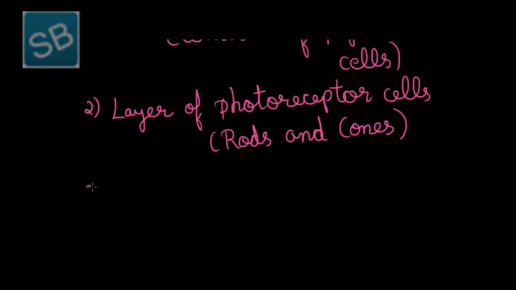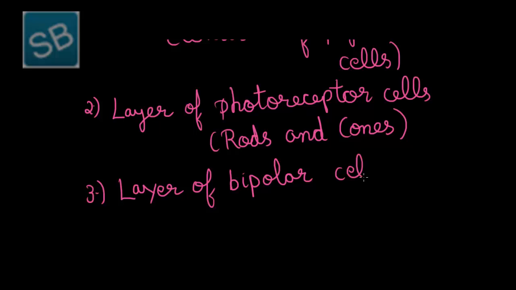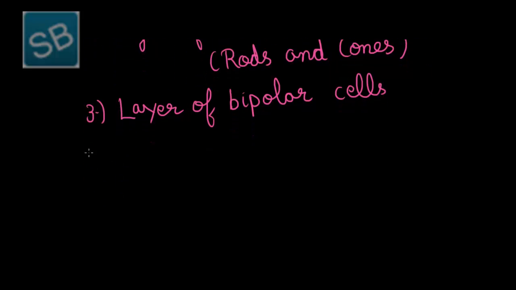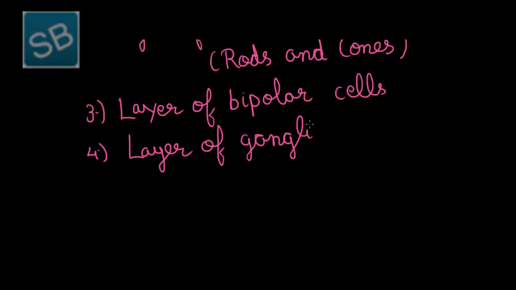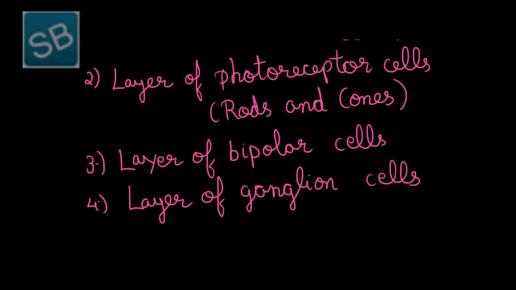Then comes the third layer, that is the layer of bipolar cells. And the fourth layer is the layer of ganglion cells. So let us study them in brief.